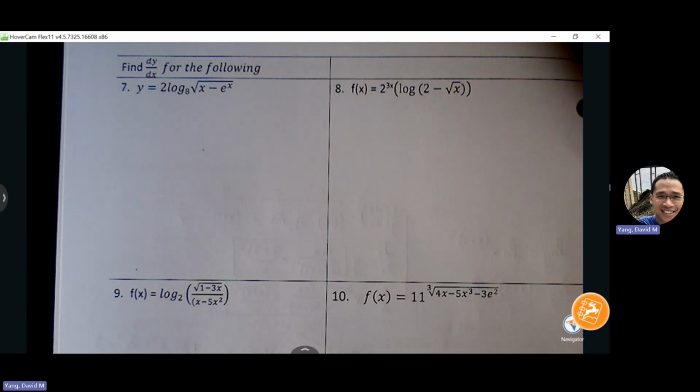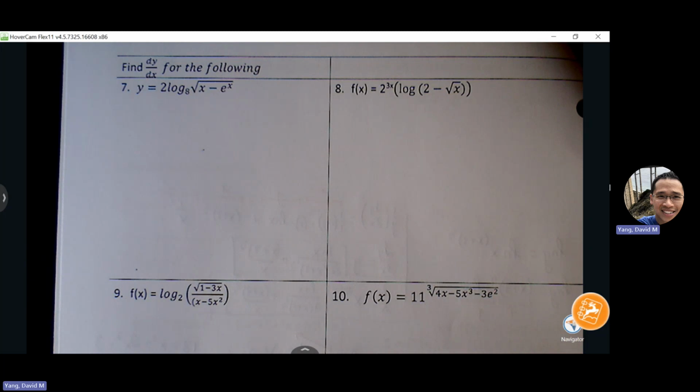But we're going to pretend we're working with what? What base have you been working with that feels easier? Not base 10. Yeah, natural log, right? Pretend this is natural log. So pretend this was 2 natural log square root of x minus e to the x. How would you approach this problem if it wasn't log base 8, it was natural log?